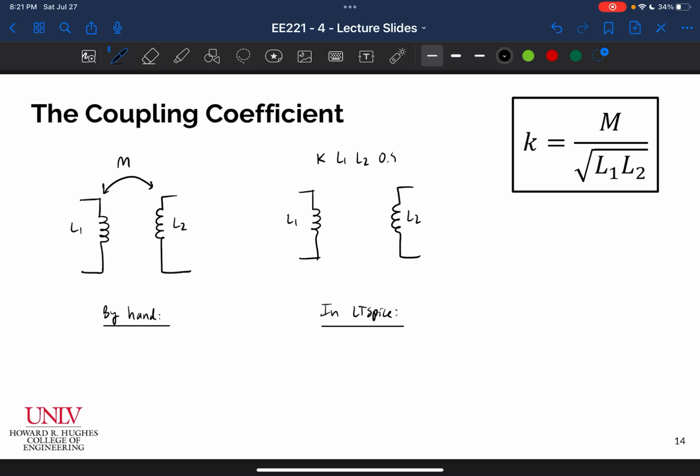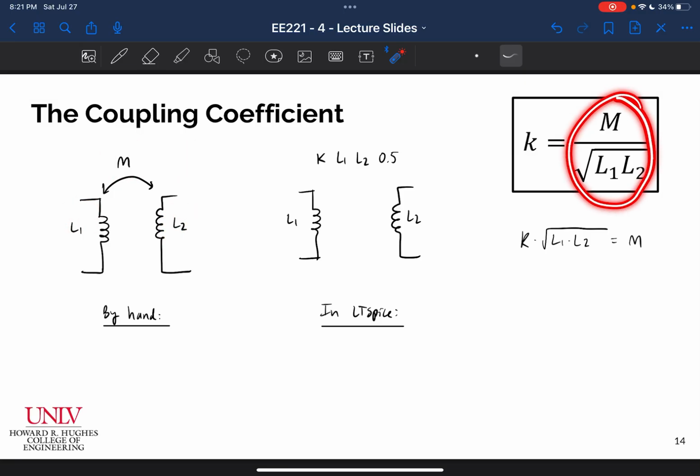If you wanted a coupling coefficient of 0.5, for example, you could write that in LTspice just like this. Now if we know the values of K, L1, and L2, we can determine the mutual inductance, and vice versa. If I give you a circuit that has a mutual inductance and the two self-inductances of the coils, you throw those into this formula right here, and you'll get your K value that you can use in LTspice.